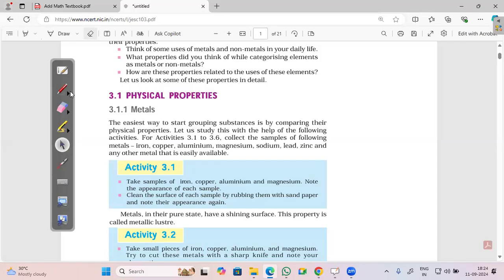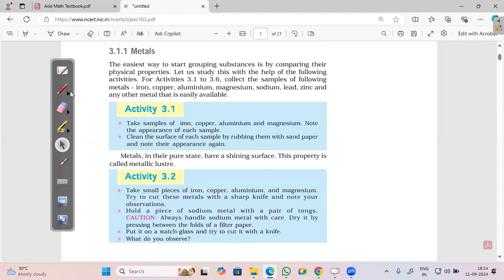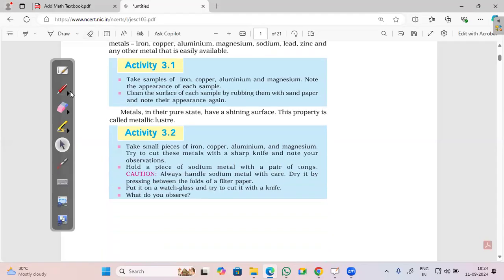Then, metals in their pure state have a shining surface. This property is called luster. So metals have a shiny luster. You can identify a metal by looking at its shine, the silver color, the shine of gold, iron, copper.